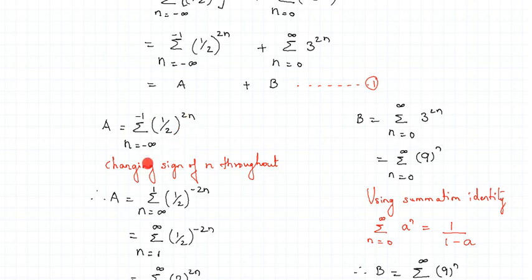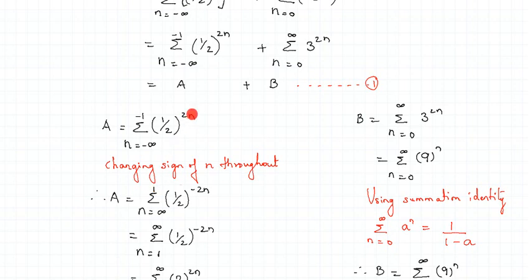Okay. To simplify this, the very first step is that we will change the sign of n throughout. Wherever there is n in this equation, we will change the sign of n. So you can see the limits, minus infinity to minus 1, change from infinity to 1.